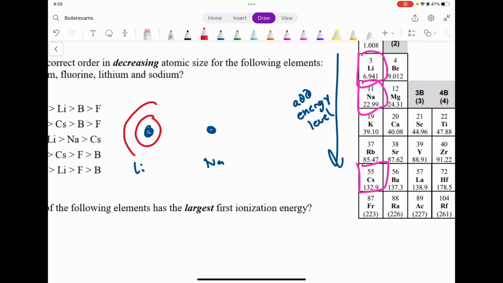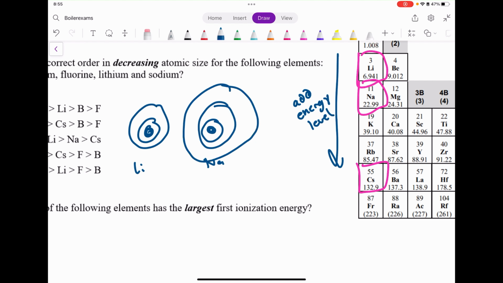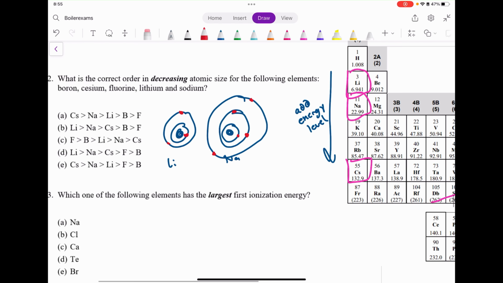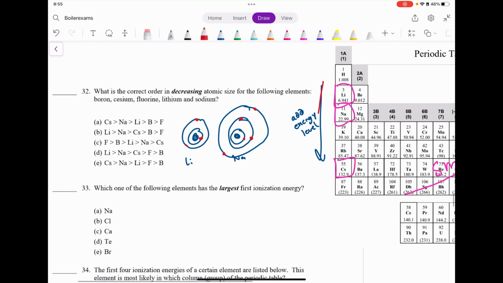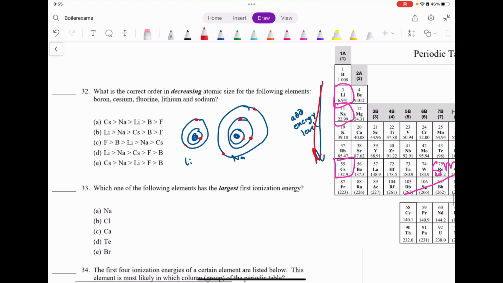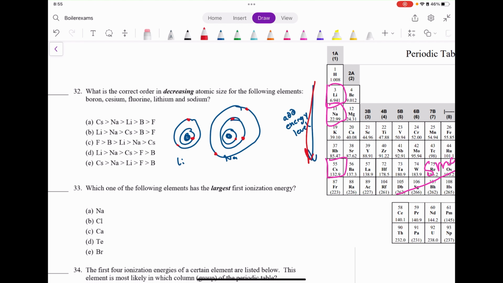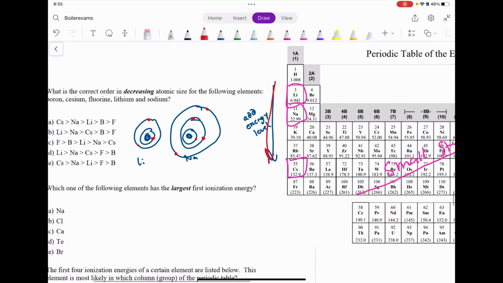Lithium has only 2 energy levels worth of electrons, whereas sodium has an entire third one. Lithium's outermost electrons aren't as far away. Sodium is a whole other energy level. So as you go down, you add one of these rings every single time. So cesium's definitely the biggest of these 3. Sodium's a little bit smaller, lithium's a little bit smaller than that.